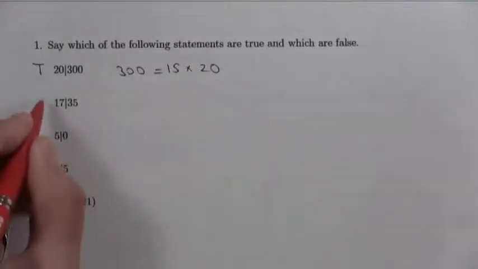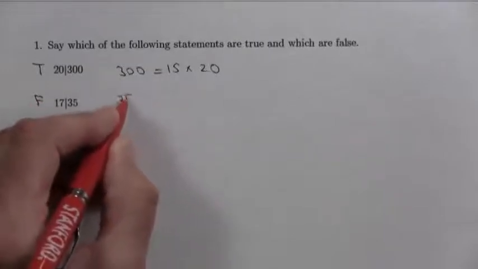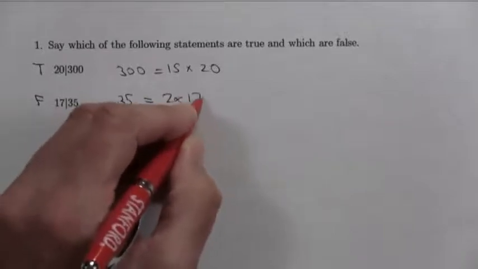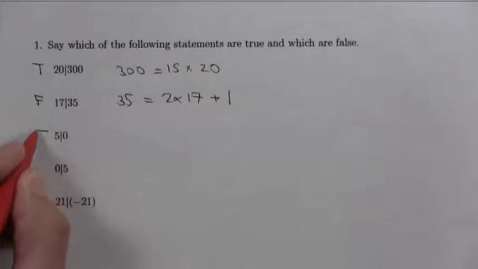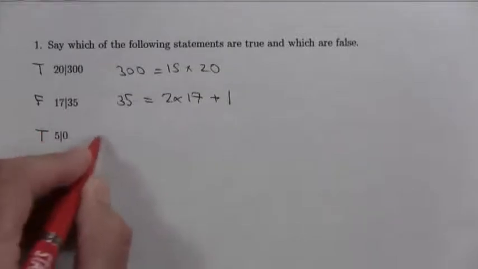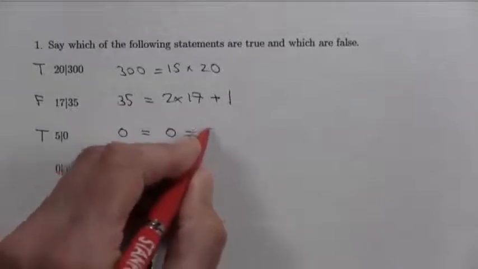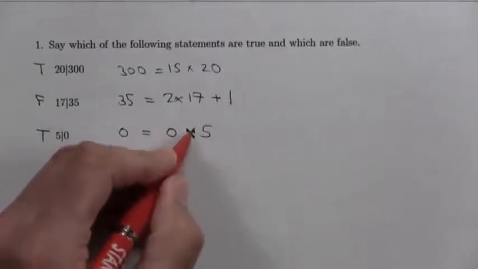The second one is false because if you apply the division theorem, then you find that 35 equals 2 times 17 plus 1. Okay. The third one is true because 0 is a multiple of 5. It's 0 times 5.